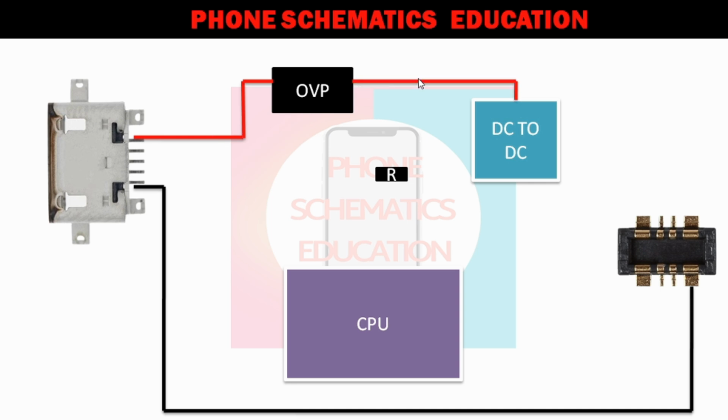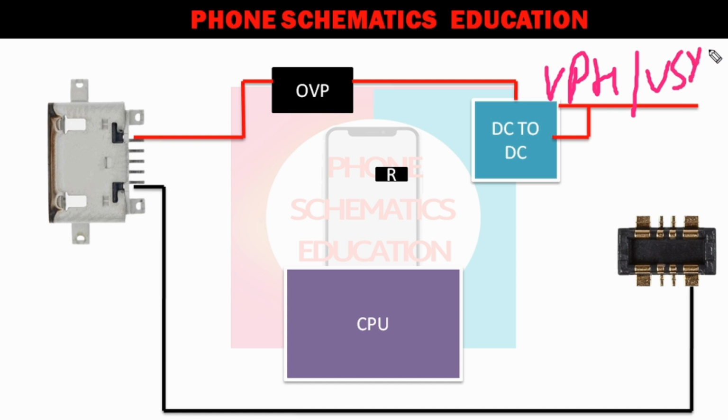After this, the line comes out from the OVP IC and goes to the charging IC, your DC to DC IC. Through the DC to DC IC, a line is formed called VPH in Qualcomm, and V system in MediaTek. This line goes to your audio IC, power section, network section, Wi-Fi, Bluetooth, graphics section, light section.